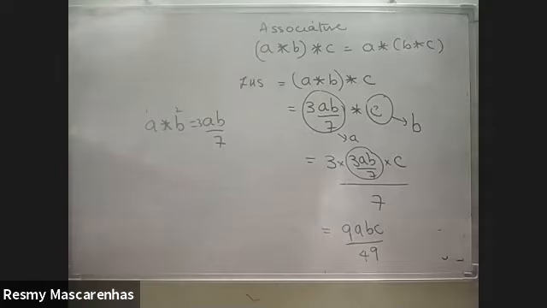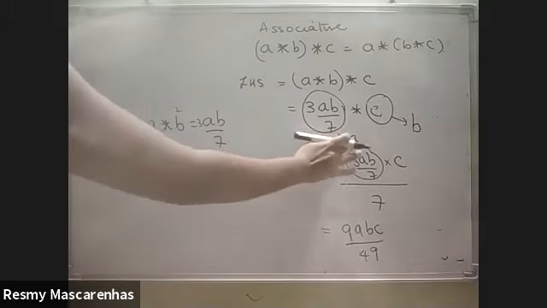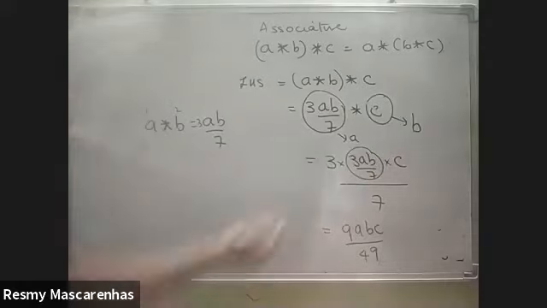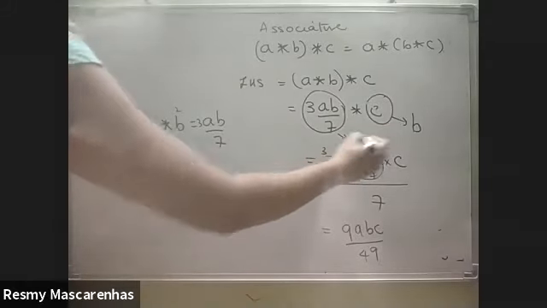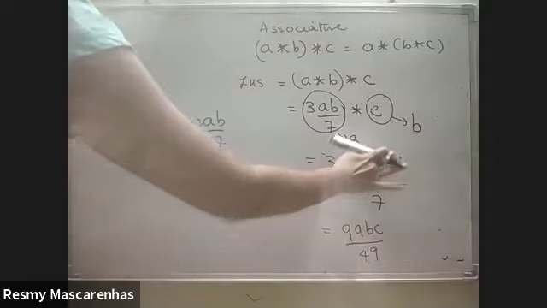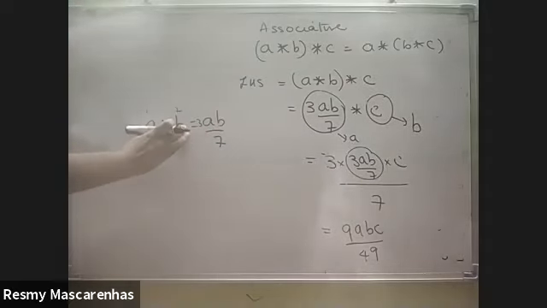So this will be your answer: 9ABC upon 49. Now ask if anyone has not understood this left hand side part. If you want, write it like this and keep it. Imagine this whole thing as A, the whole thing as B, and that's why you're applying 3A into B upon 7. Just look at this main formula and apply.